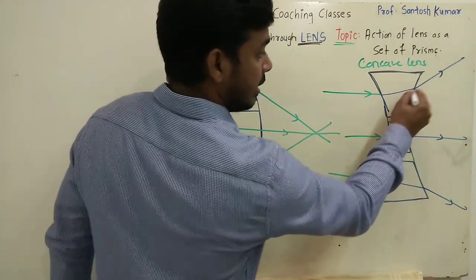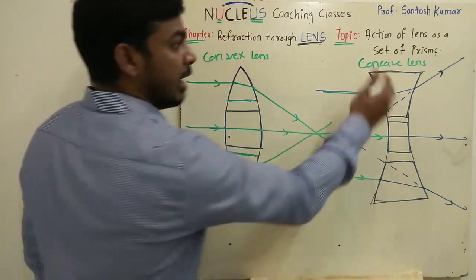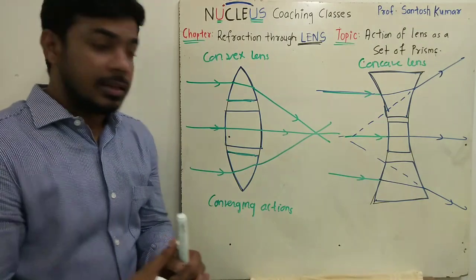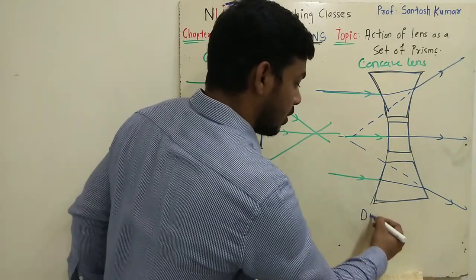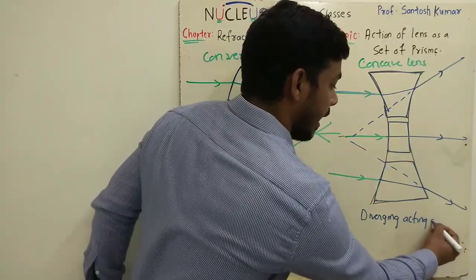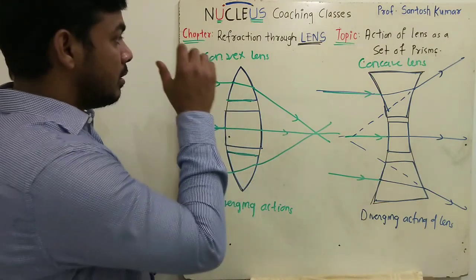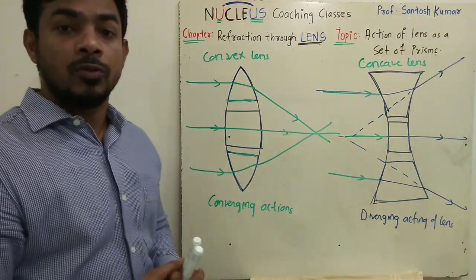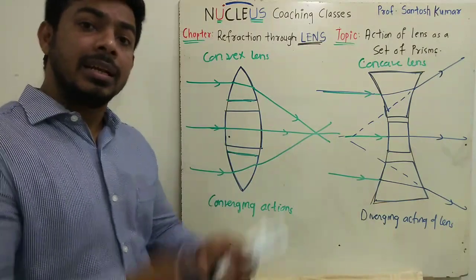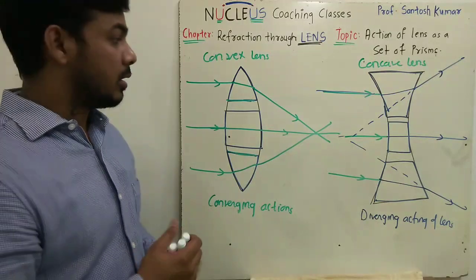And if I trace them backward, can I say this parallel beam of ray while passing through concave lens appears to be diverging. That means here we can talk about diverging action of lens. So remember, the converging or diverging action of lens is only because of an imaginary prism present at the top or at the bottom of the lens. Okay, thank you.